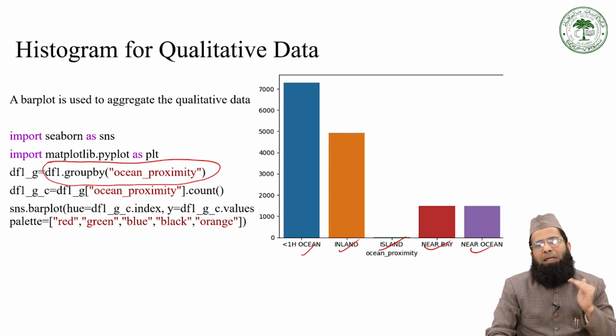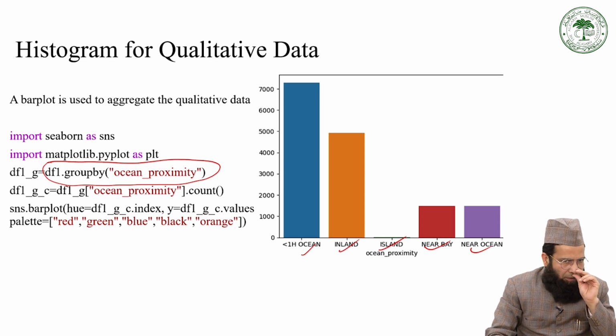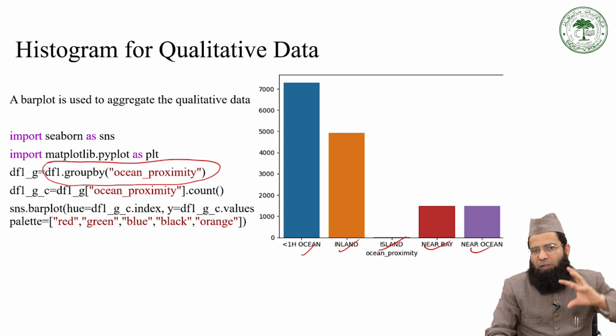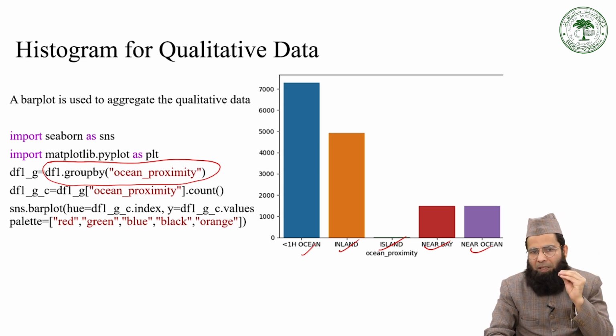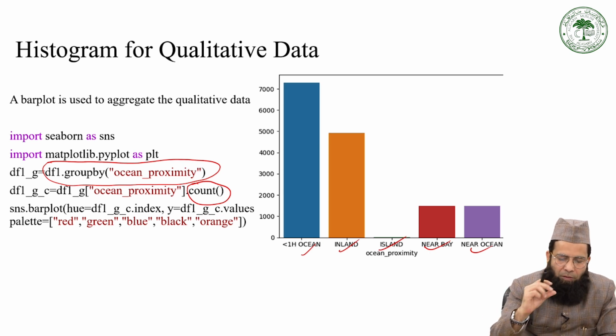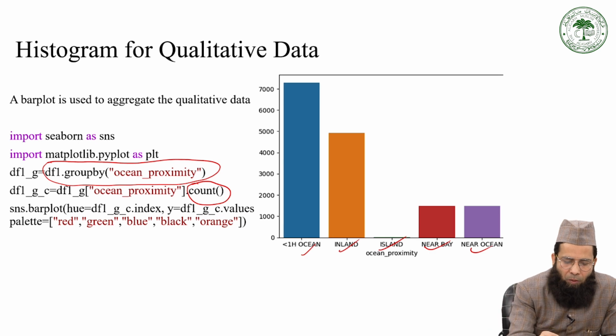But this is categorical data, so minimum, maximum is not favorable for that type of group by, since it is categorical data. But count is actually used to count the individual instances. So I am counting here each individual category, right?